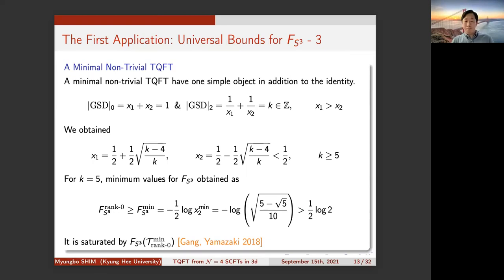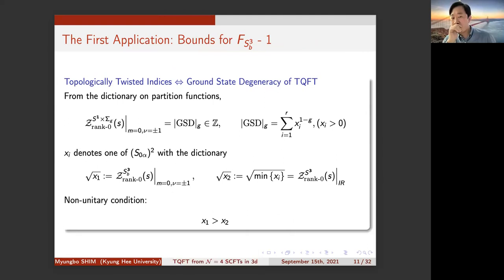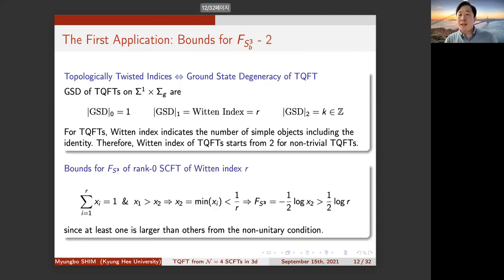I see. Yeah, why does it give us some information about the S3 partition function? That is the observation. Okay, okay.